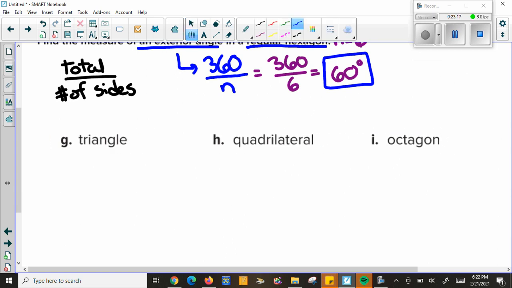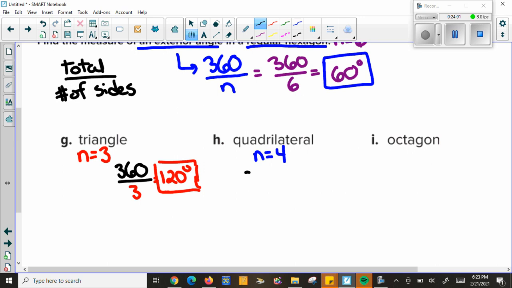Again, we need to know the number of sides. For a triangle, n equals 3. So for an exterior angle, that's 360 degrees divided by 3 to find 120. For a quadrilateral, n equals 4.